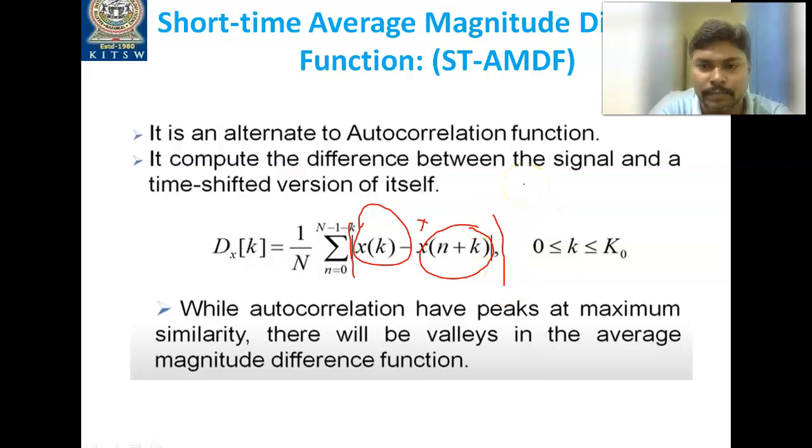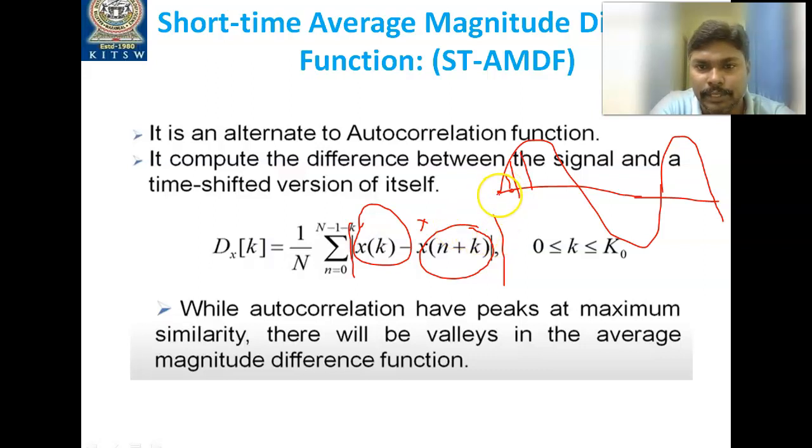If I plot a normal sinusoidal signal like this, and take the samples of it, then for k equal to 0 you take the same first sample.